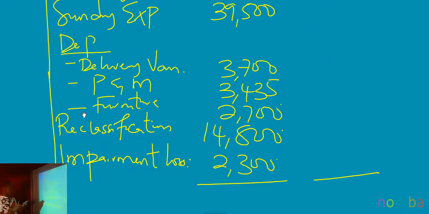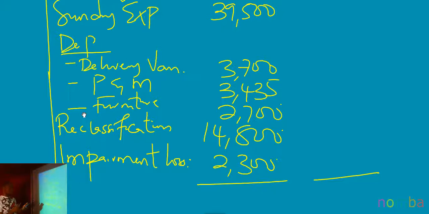The depreciation, we have 3,700, 3,435, 2,700, 14,800, and I have 2,300.